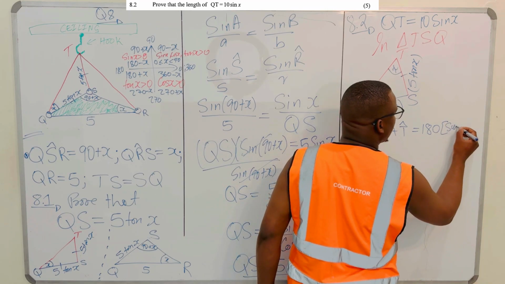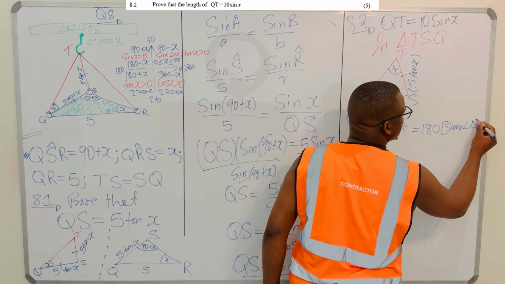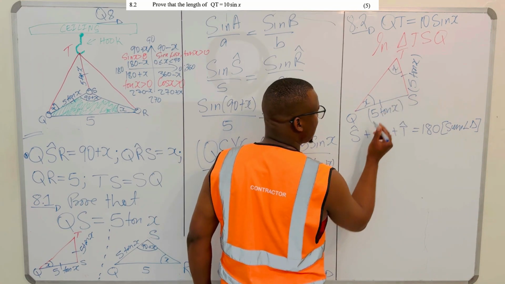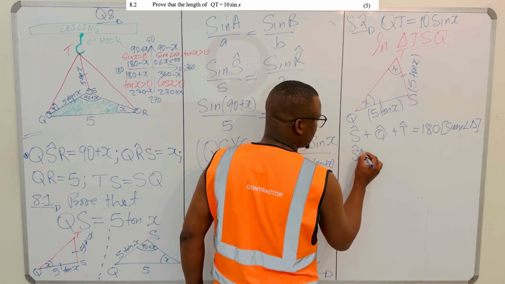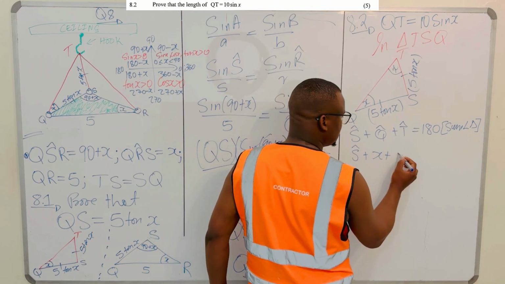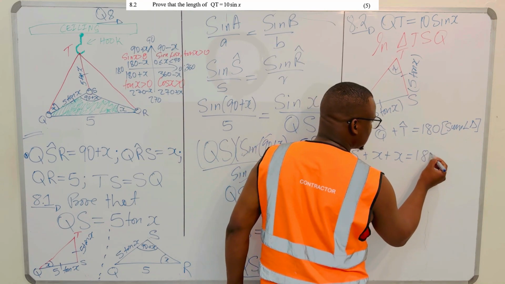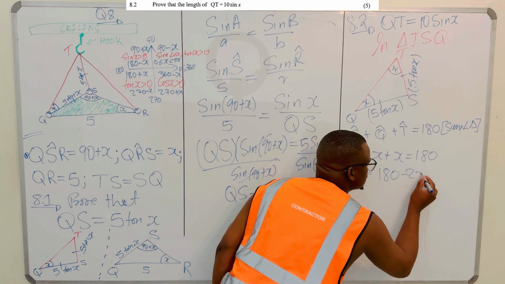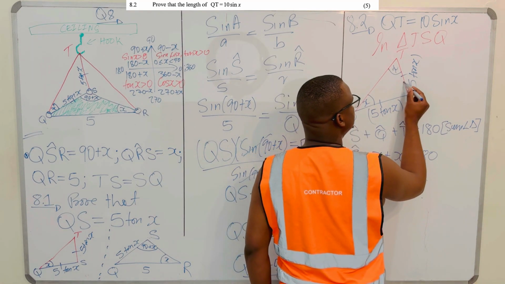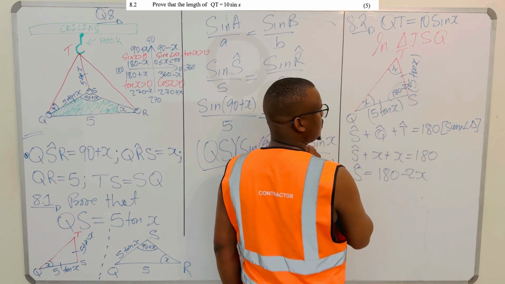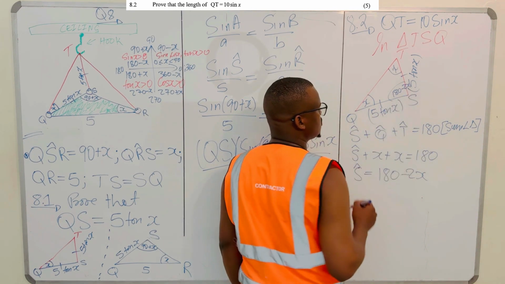Why? This is the sum of angles in a triangle. You know this, right? So your S is what you're looking for, that angle S there, plus Q, angle Q is x, plus angle T is x, equals 180 degrees. You'll find that your angle S is equal to 180 degrees minus 2x. So here we have 180 degrees minus 2x.